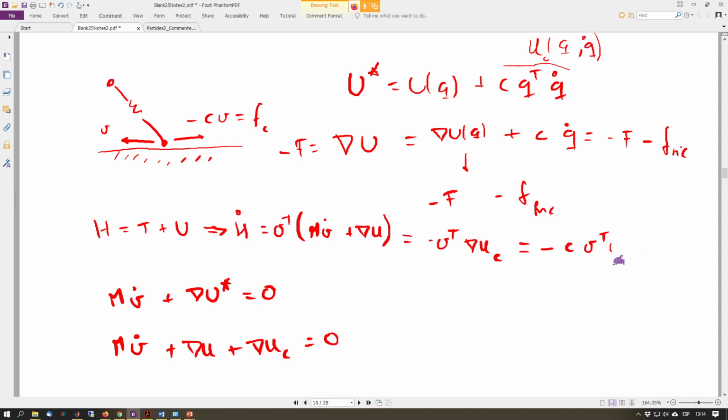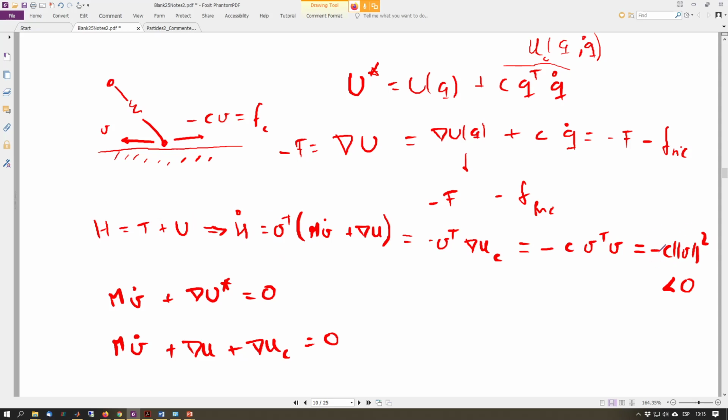This is something that is always negative. It's the square of our velocity. Then minus c and the modulus of v squared, which is always smaller than 0, right? So we see that h diminishes, so h cannot be constant. If we have frictional forces, my total energy, measured as kinetic plus the potential of elastic forces, is going to diminish.